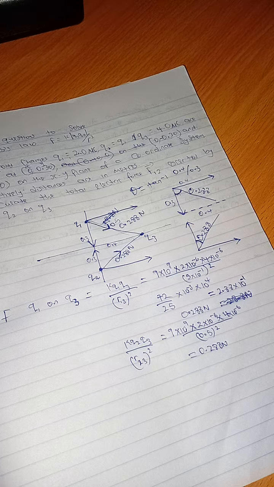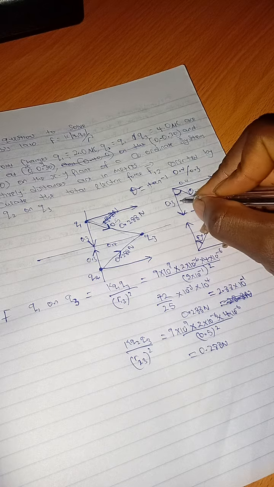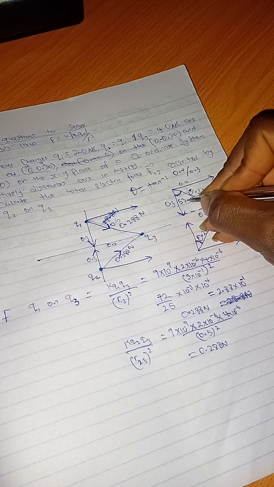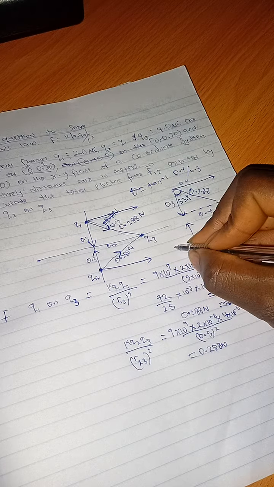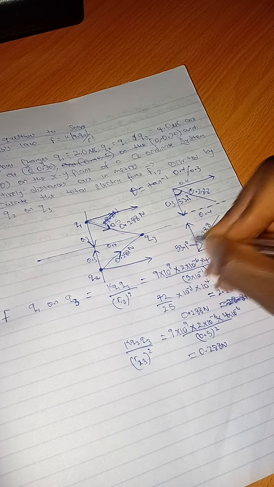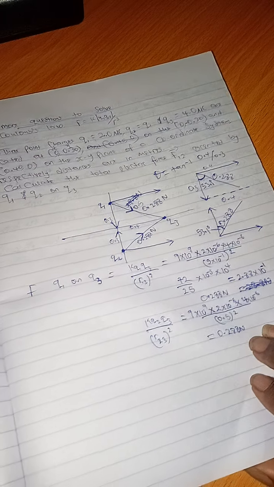Shift tan 1.333. So my theta equals 53.1 degrees. So here also I will have 53.1 degrees. Are we together?